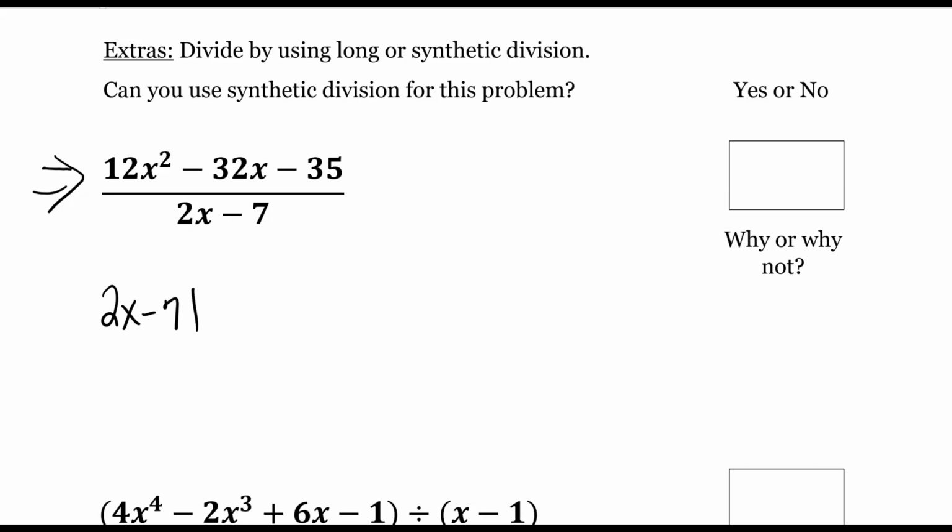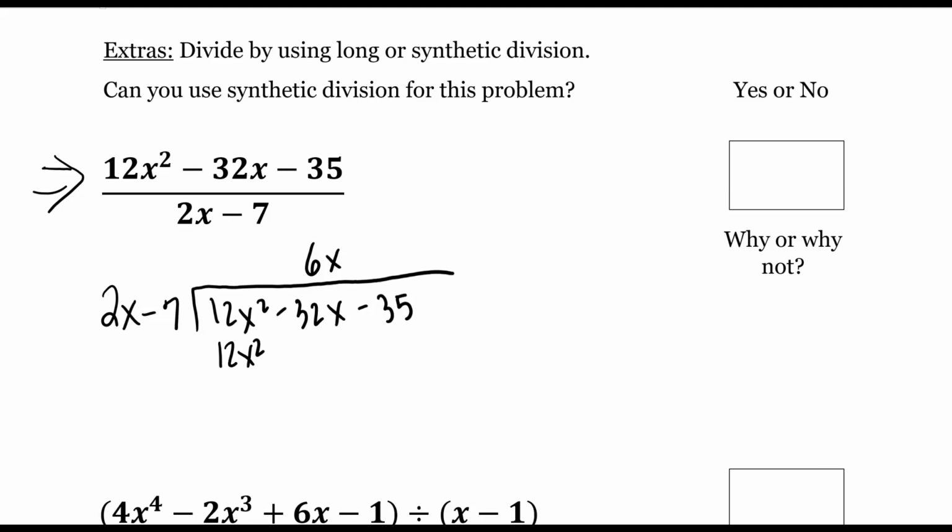So we're going to write 2x minus 7 divided into 12x squared minus 32x minus 35. Make sure you have all your terms represented and your polynomial is in descending order. So we have 2x times what is 12x squared? 6x, and 6x times that would be 12x squared minus 42x.